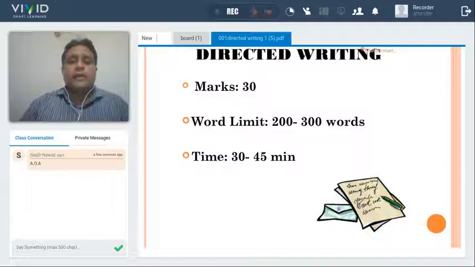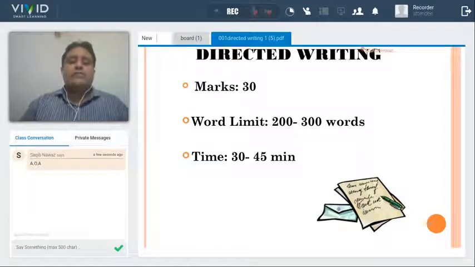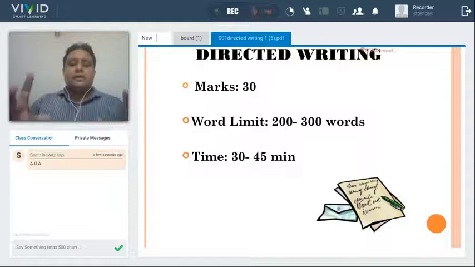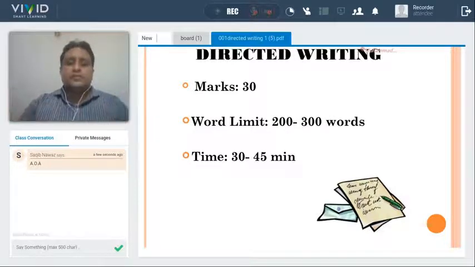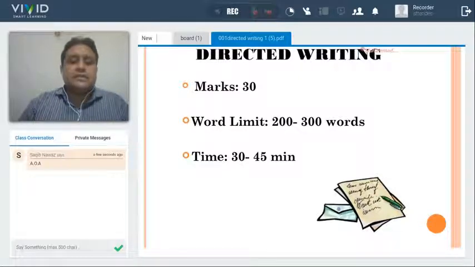So directed writing is writing in which the limitations and restrictions are directed, and you'll have to write a piece of text within the given directions. Those directions limit and restrict your writing within certain boundaries, and that makes it directed writing.